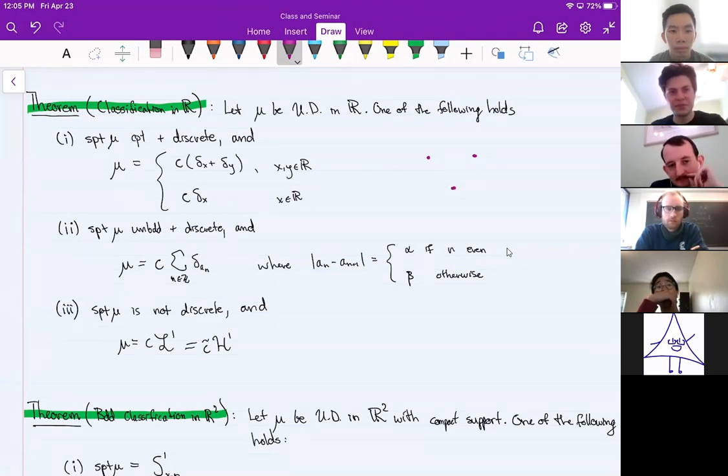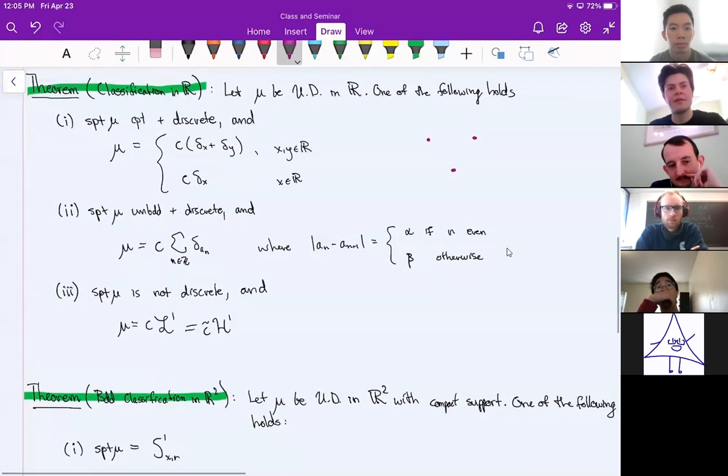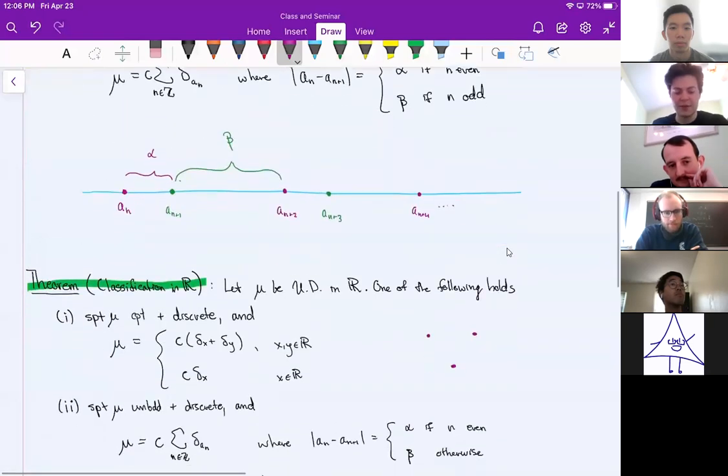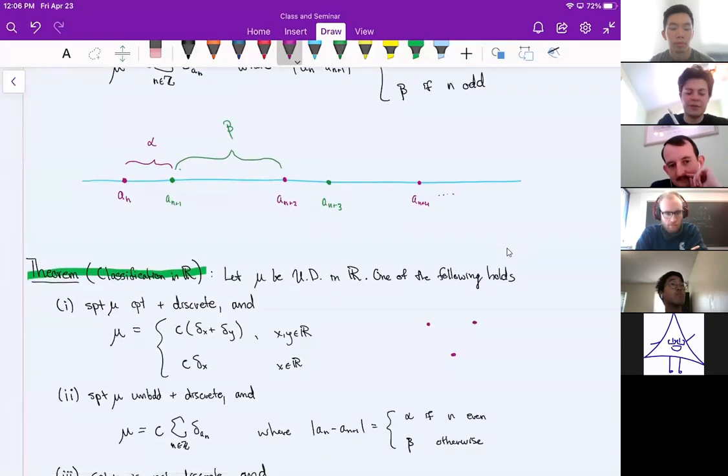The second case of this theorem is that the support is unbounded. If it's discrete and unbounded, then basically you have this picture above where you have a mass at the point AN, you have a mass some distance apart, and then that picture repeats.